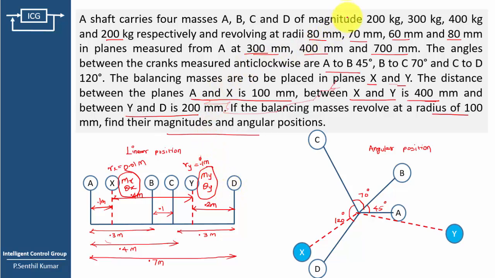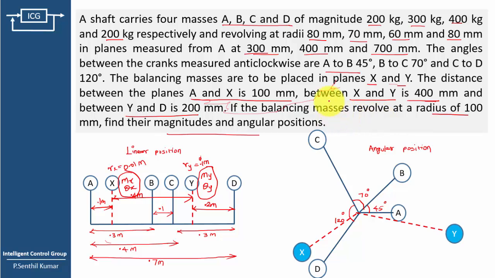Then the magnitudes of masses A, B, C and D are 200 kg, 300 kg, 400 kg and 200 kg. Then the corresponding radii are 80 mm, 70 mm, 60 mm, 80 mm. Then for the balancing masses X, Y, the radius is 100 mm, 0.1 meter.